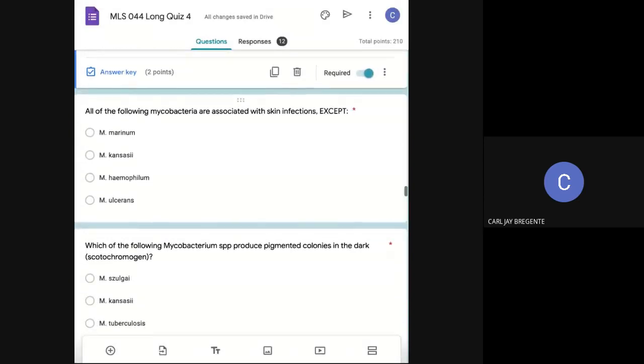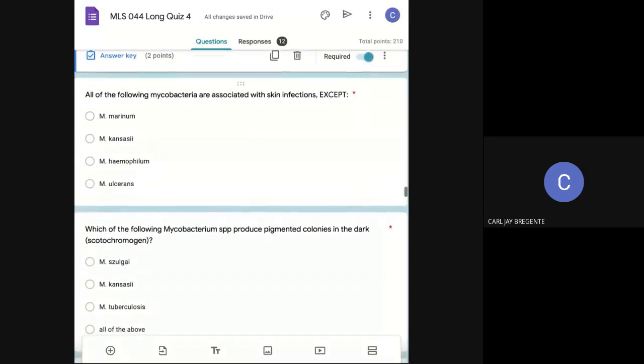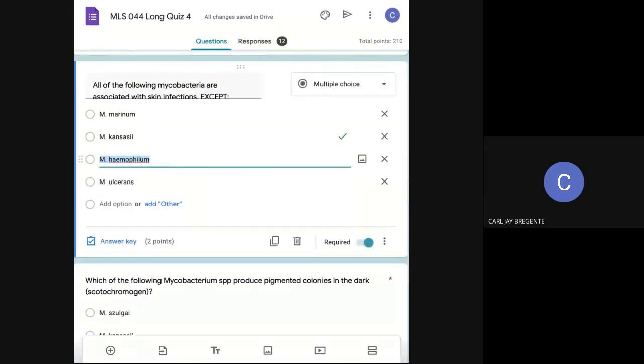All of the following mycobacteria are associated with skin infection except Mycobacterium kansasii. Okay? So, Mycobacterium kansasii is definitely not for skin infection.